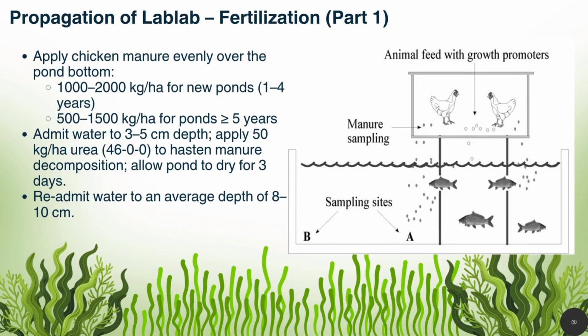After spreading the manure, water is admitted to a shallow depth of about 3 to 5 centimeters, followed by the application of 500 kilograms per hectare of urea to accelerate manure decomposition. The pond should be allowed to dry for 3 days before water is readmitted to a slightly deeper level of 8 to 10 centimeters. These steps help prepare the pond environment and nutrients for lablab growth.